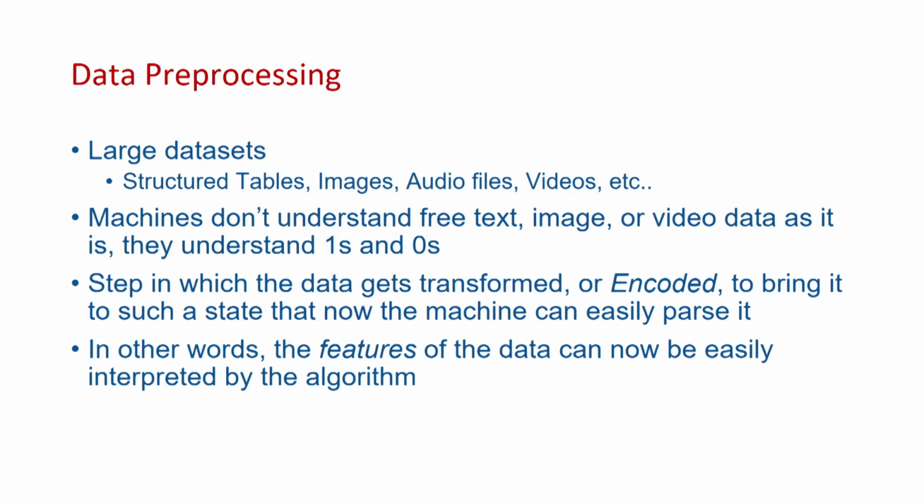So, we will need to first convert that data set into a form suitable for a machine learning technique to work on. We have different types of data sets like structured tables, images, audio files, videos and many other types that we have seen in the previous lectures.